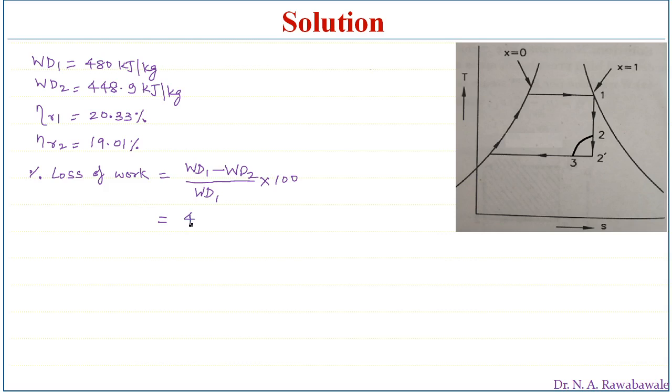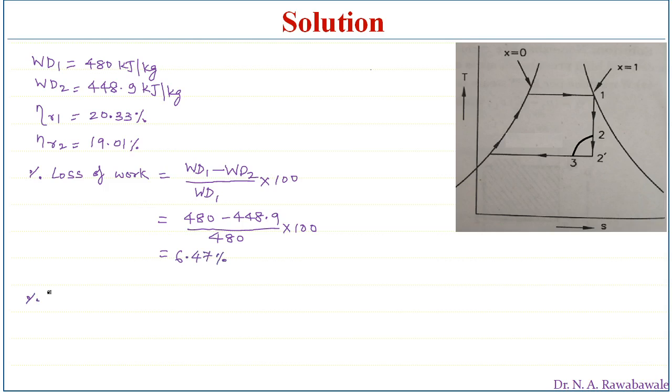Work done 1 is 480 minus 448.9, whole divided by 480, into 100, which is just 0.07. So 7% of work is lost.